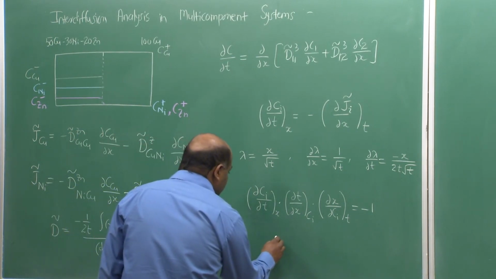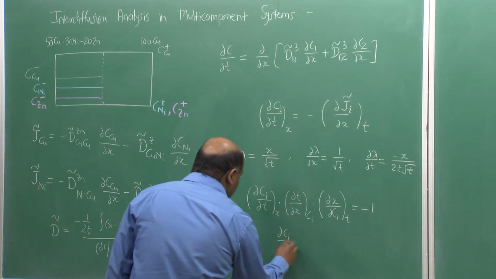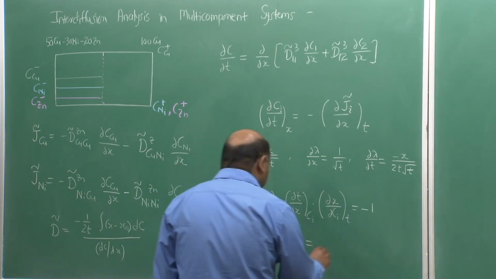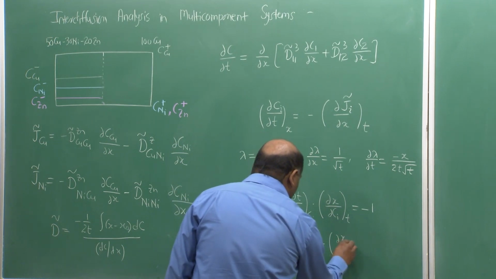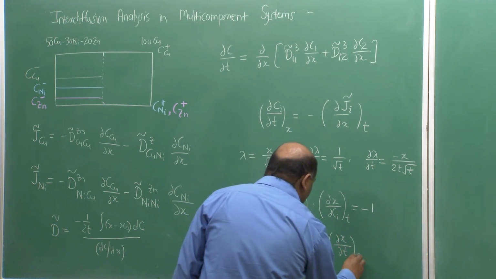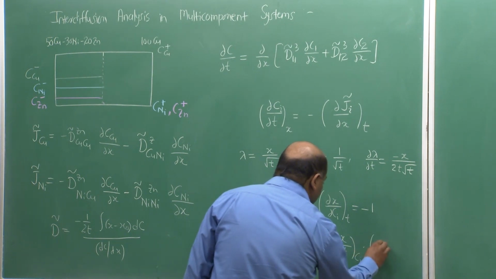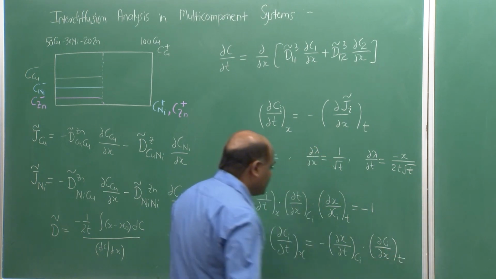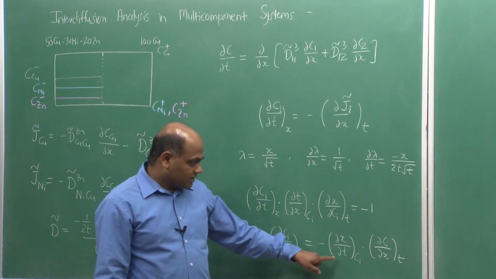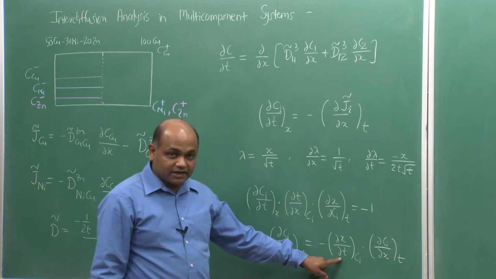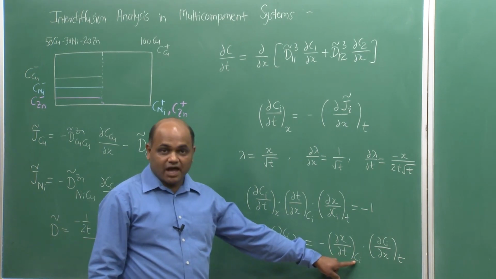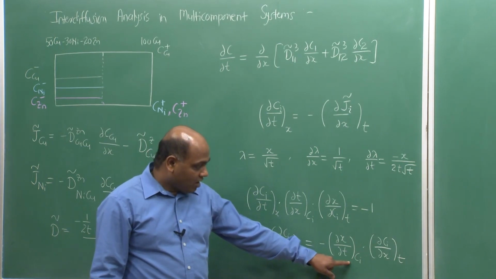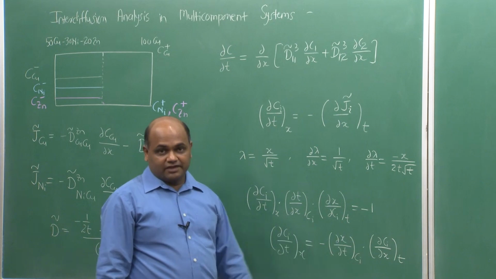So, we get dou Ci by dou t at x equal to negative dou x by dou t of Ci times dou Ci by dou x at t. Now, if you look at the first term on the right hand side, dou x by dou t at constant Ci, this is nothing but the velocity of the composition plane Ci.